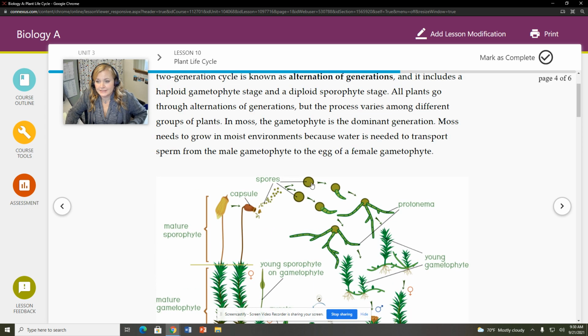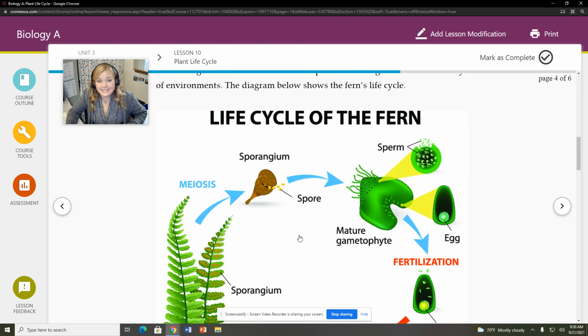When you look at plants like mosses and ferns, these guys need water as a part of their life cycle. It's very, very important because in order for that sperm to be able to swim to the egg, it has to have something to swim through. And it's swimming through the water that is in that moist environment of the forest floor, or generally in a wetland type of environment, where you're going to find mosses and ferns.